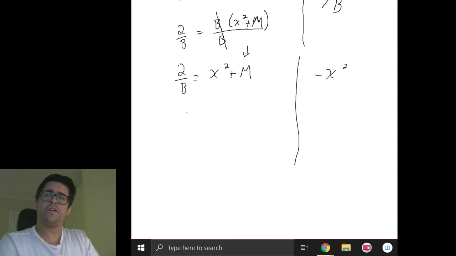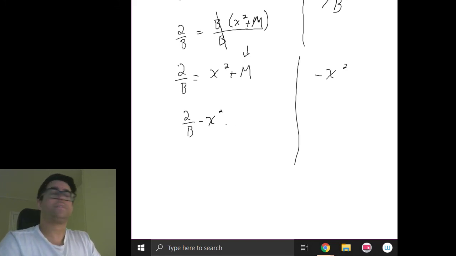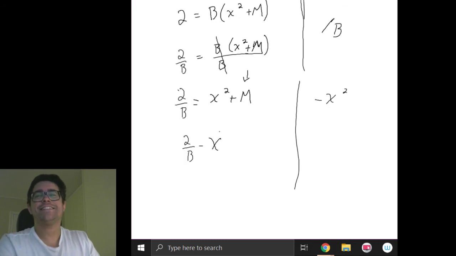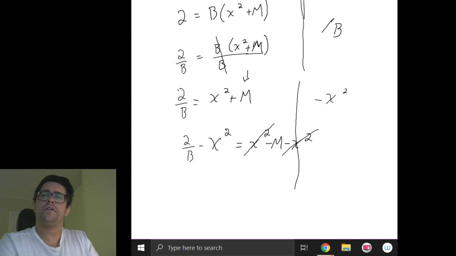Minus x squared on both sides. 2 over b minus x squared. Okay. There you go. What are we left with?